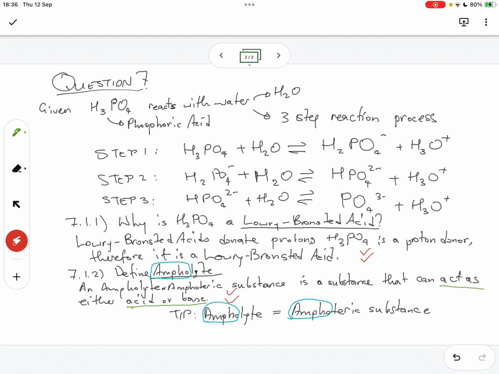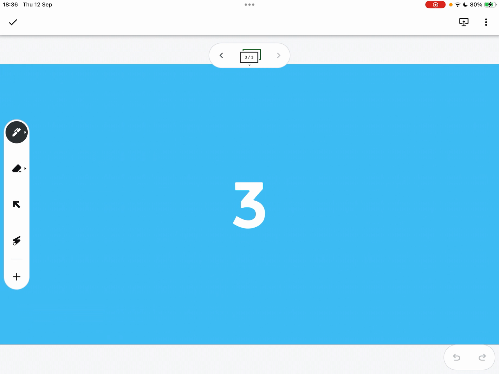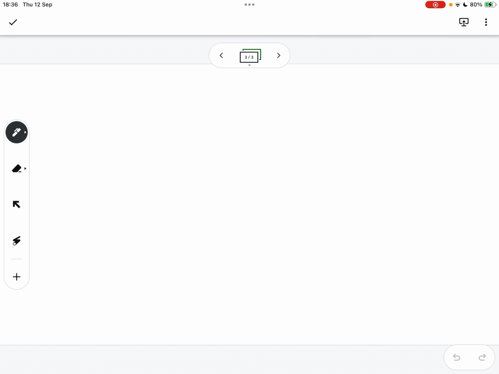By all means, use it. Because why would it be examined? This question paper is from 2002, so I guess this word is still in use. Unless they are testing whether you are aware that ampholyte and amphoteric substance are one and the same thing, even though ampholyte might be known to be old school.